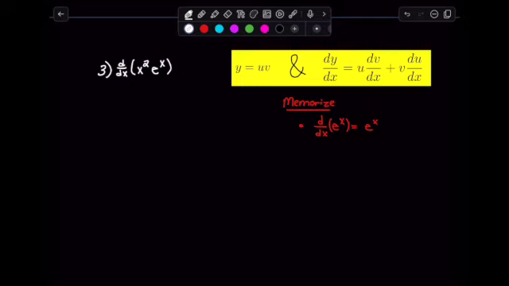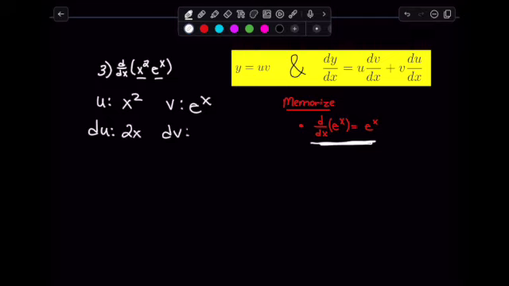Problem number 3 is pretty similar if we remember our derivative rule over here. Let's define u and v, where u is x squared and v is e to the x. Once again, taking the derivatives of those, du is equal to 2x, dv once again is equal to e to the x like we talked about before.